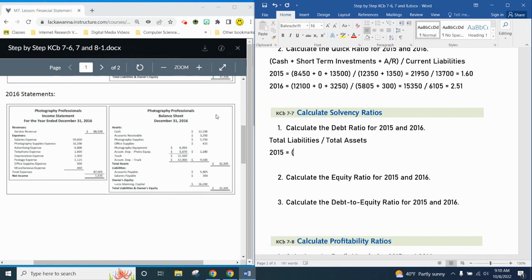Total liabilities is 12,350 plus 1350. Divide that by our total assets. Our balance sheet calculates our total assets for us, so we can just use that number. So that's going to equal 13,700 divided by 37,450, which gives us 36.6%.